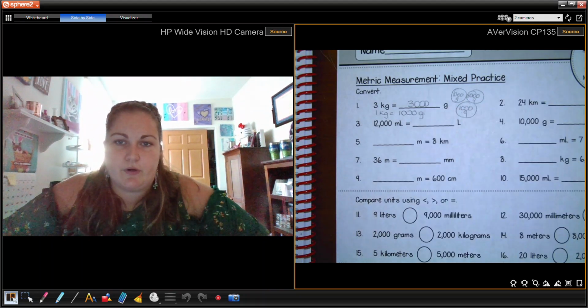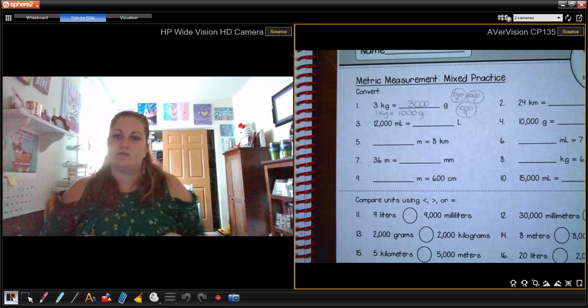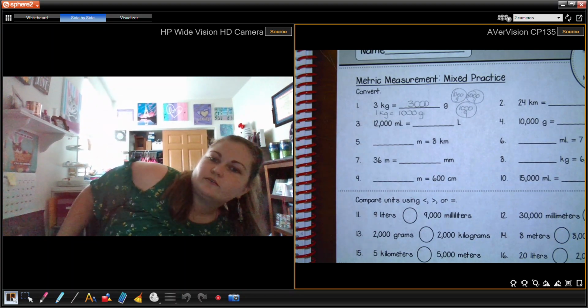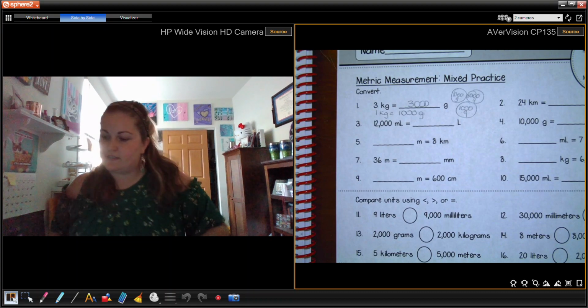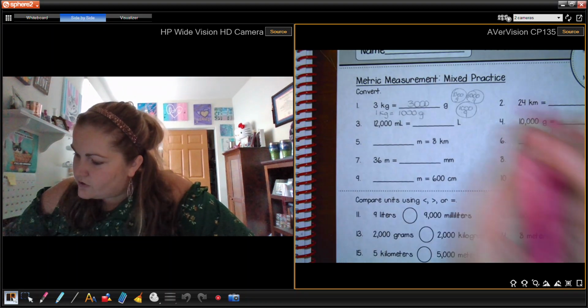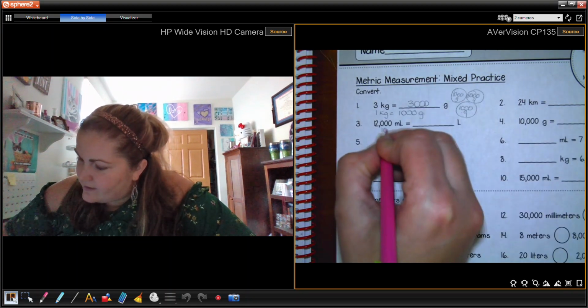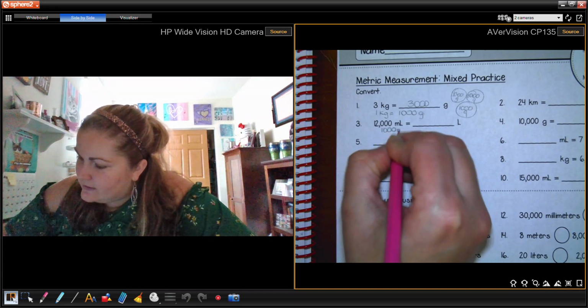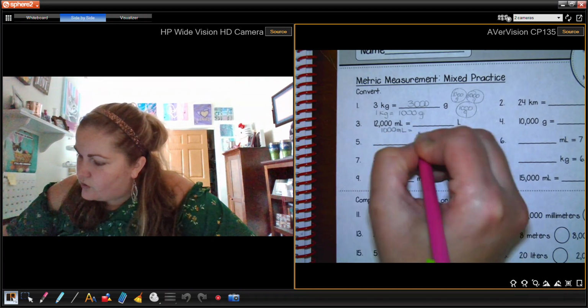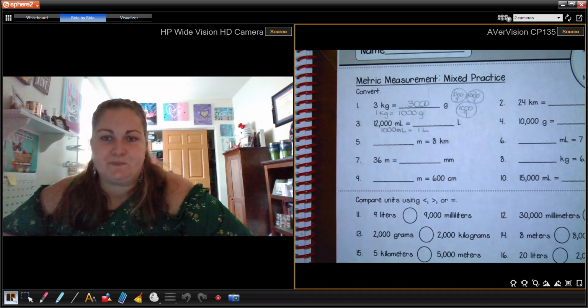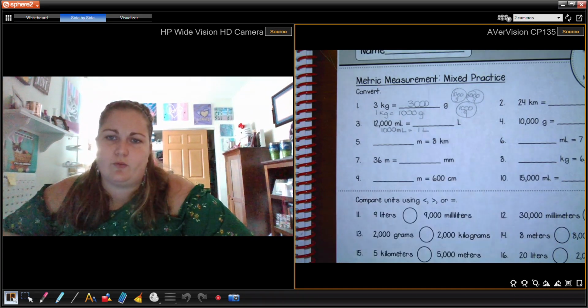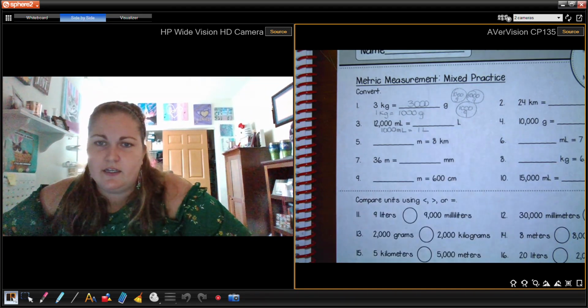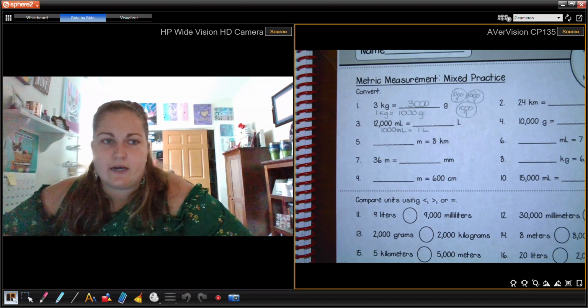Okay, number 12 is asking me to figure out 12,000 milliliters is how many liters. So I would say, okay, 1,000 milliliters equals 1 liter. Here we are not going to take 12,000 and multiply it by 1,000.